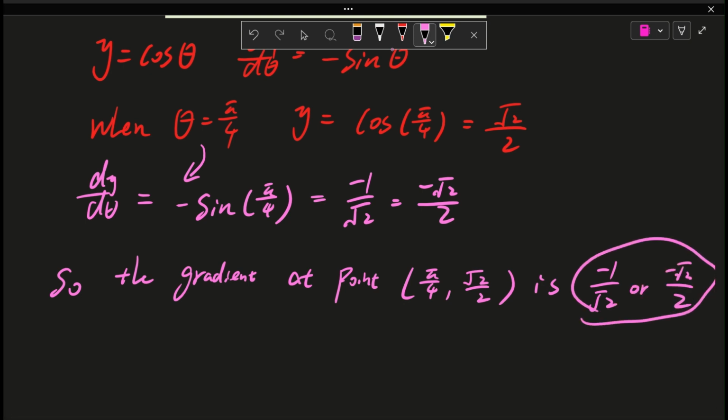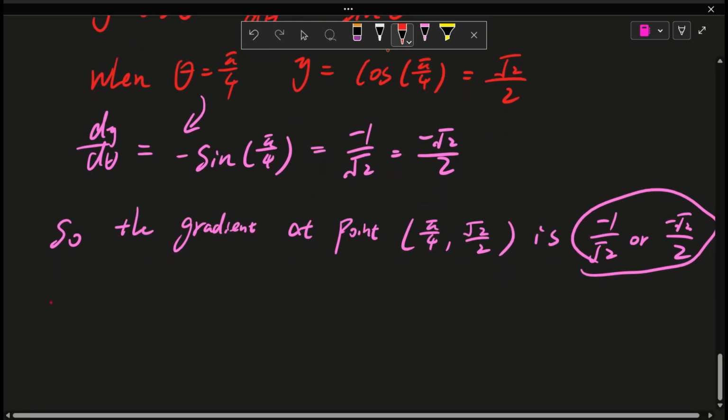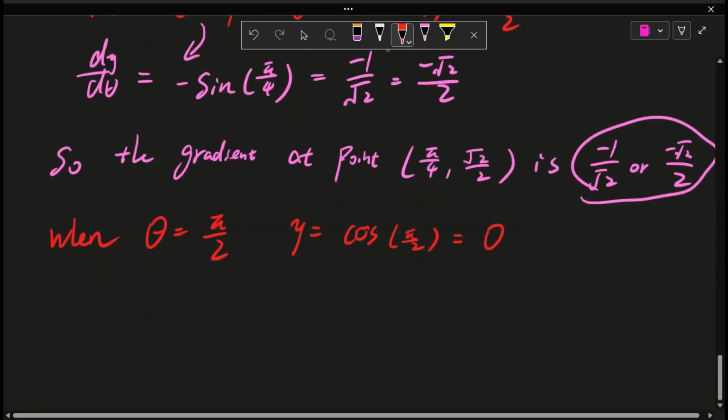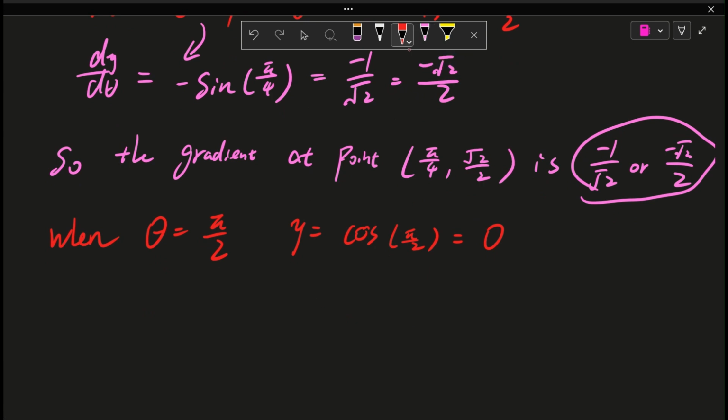Perfect. The same idea applies when theta equals pi on 2. y equals cosine pi on 2, which equals 0, because at 90 degrees cosine equals 0. Hopefully you remember that knowledge of the circular functions from year 11.